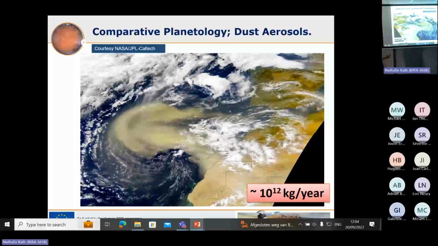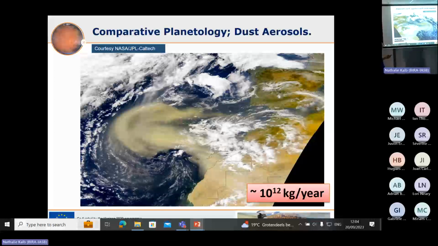So this is a picture of northeastern Africa. About 1 billion tons of dust leaves northern Africa every year and goes around the world. 200 million tons lands on South America. An estimate of the total global mineral dust transport is about 3 billion tons a year on Earth.